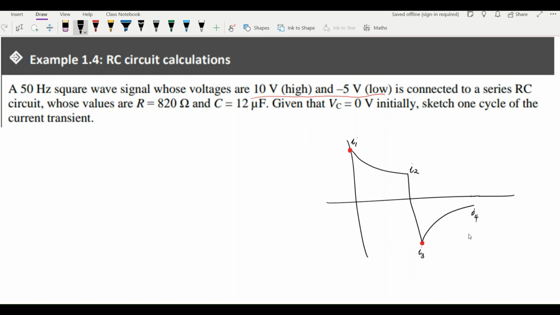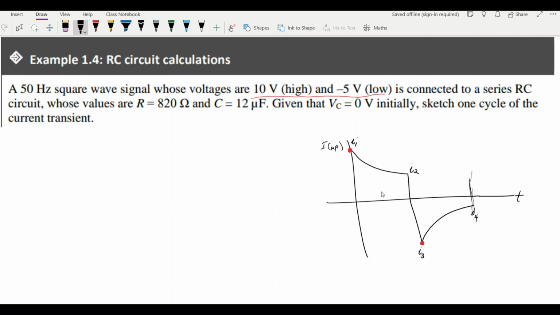So this is roughly what you are looking for. What we have here is a full period of the cycle. This is your period T, and this is your current in milliamperes.